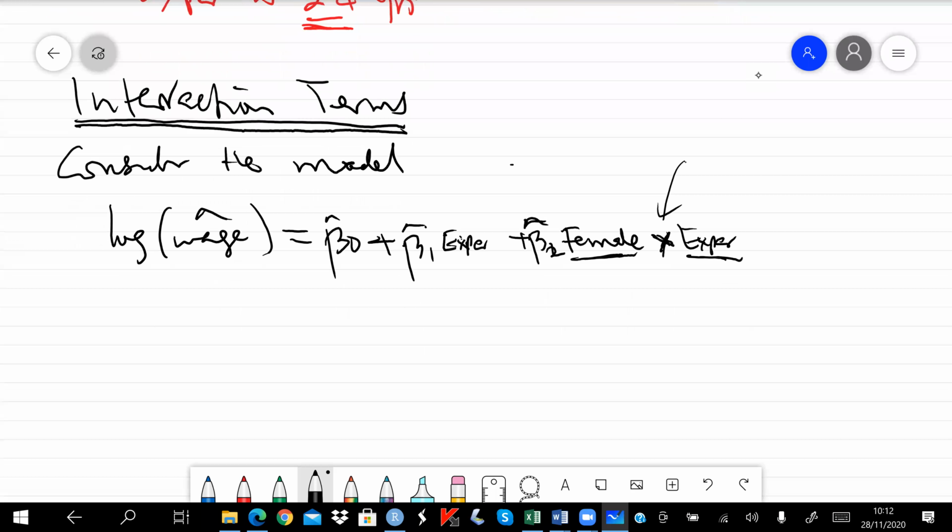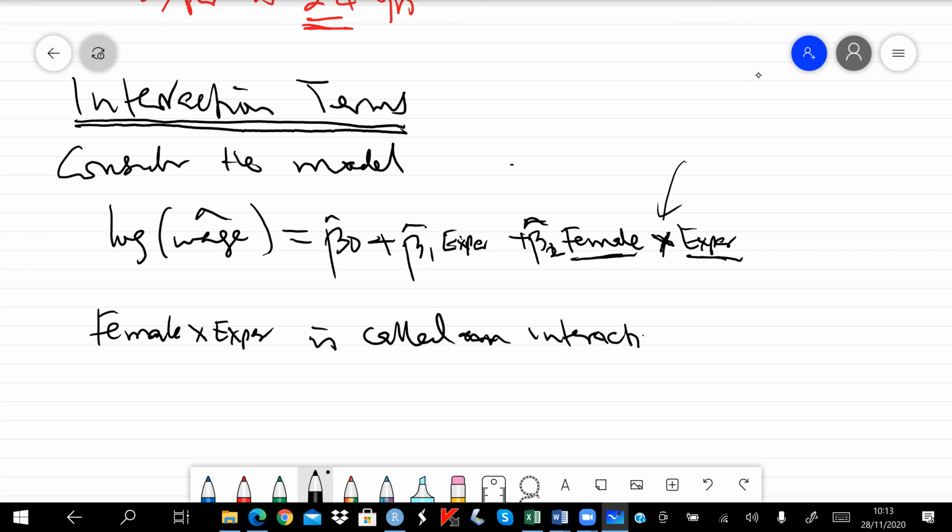So then we notice that this term here, female times experience, is called an interaction term.